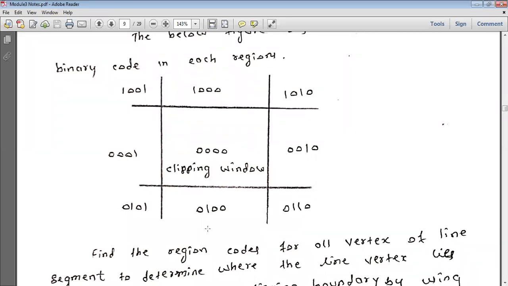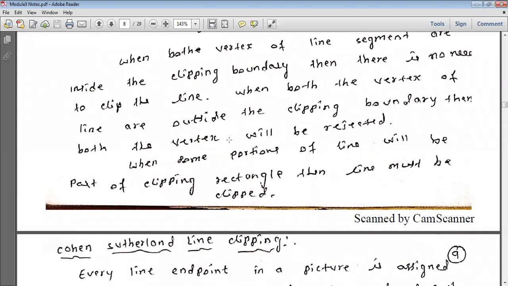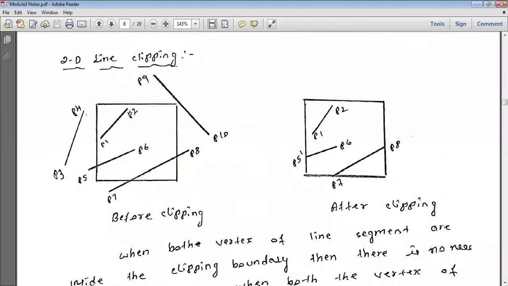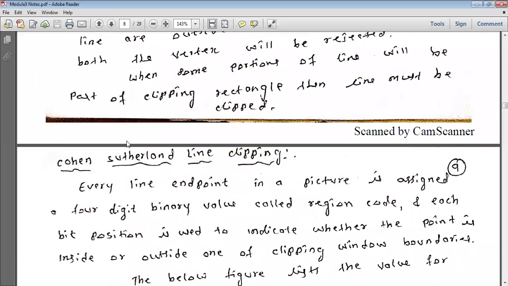So if any of my endpoints is non-zero, it is very clear that particular endpoint is outside the clipping window. Coming to this first line, P1, P2, we call these codes.